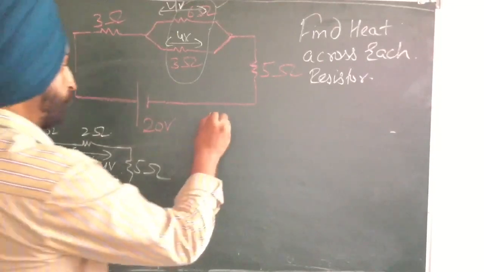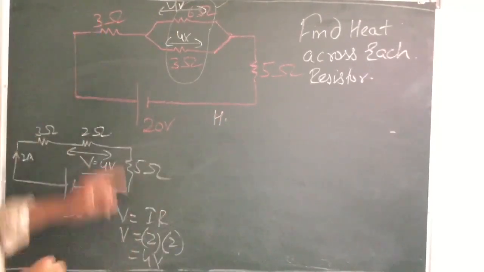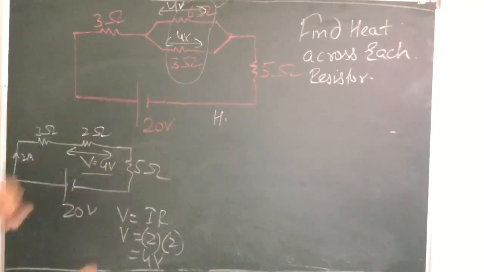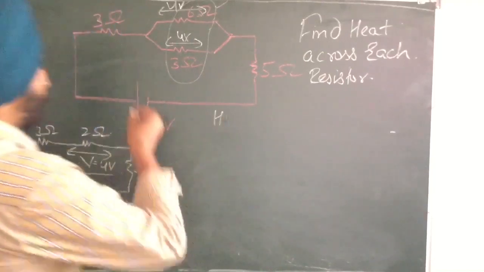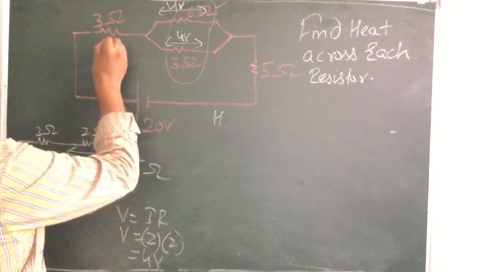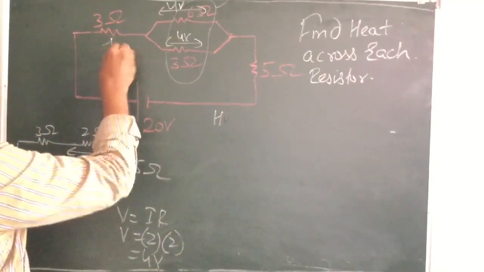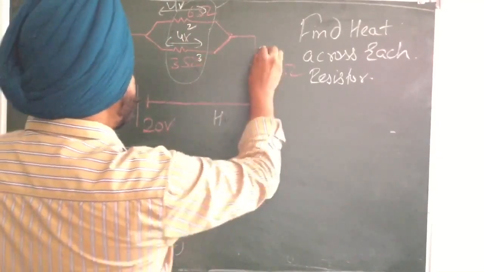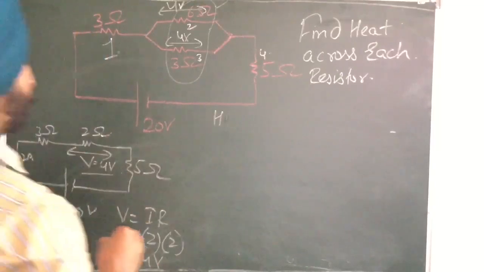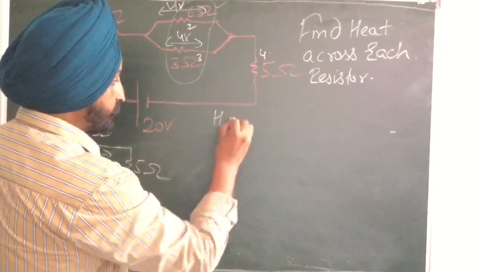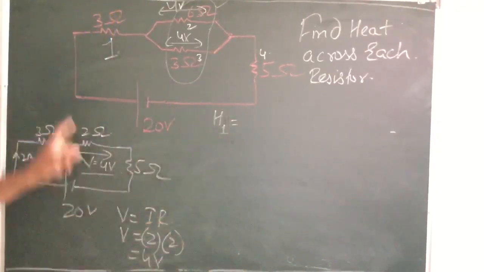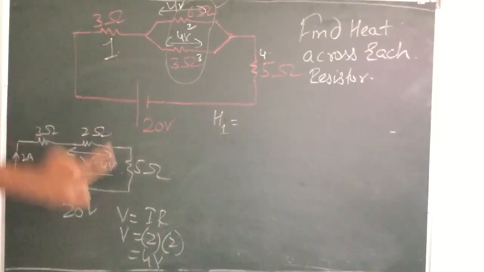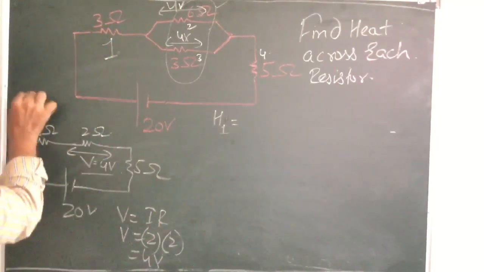Firstly, I will be calculating the heat produced in this resistor. I am naming them as first, second, third and fourth resistor. So I am calculating the heat produced in the first resistor. The current passing through the first resistor is of course 2 ampere, that we have already calculated.